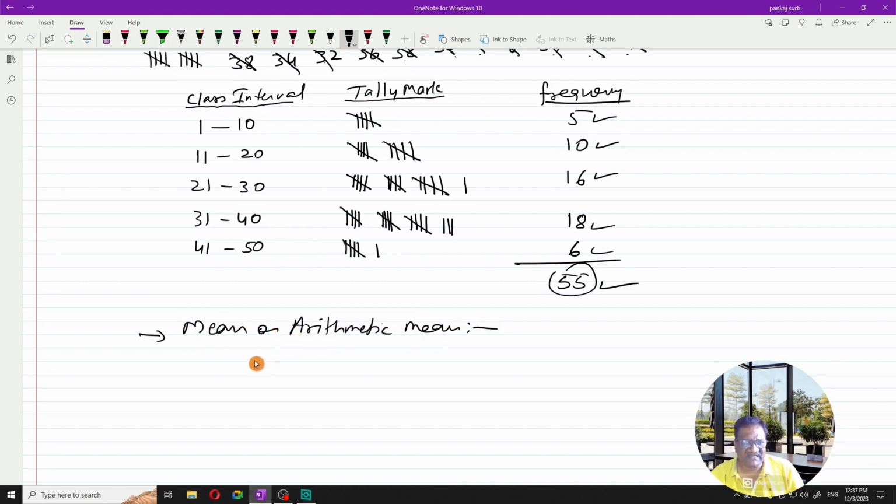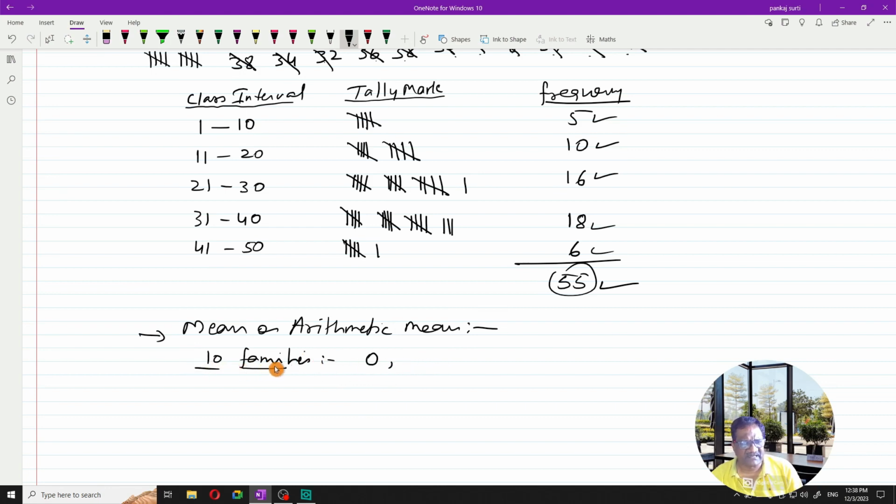Now, the data will not always have frequency. There is certain data which will not have frequency at all. Suppose you visit a building, and in that building there are 10 families. If you inquire about the number of children in each family, you may get different answers.